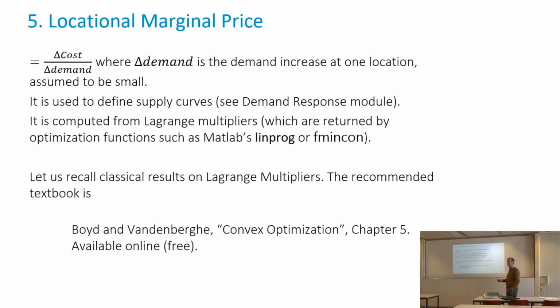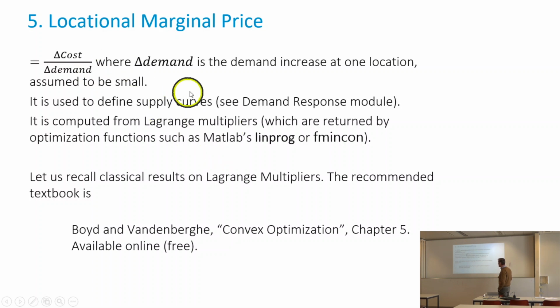So European markets are evolving towards introducing this in the electricity market, where the price of energies in a given part of Europe will depend on exactly those prices here, which is called locational marginal prices. So it's, by definition, the variation of cost when we increase by some small amount the demand here.